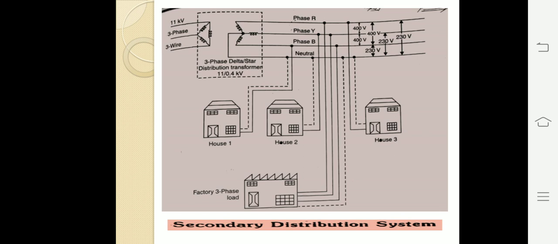That means we can supply that voltage for irrigation, and that is three phase supply. Coming to single phase supply, we can take one phase and one neutral, which has a voltage of 230 volts. We are using a delta star transformer, a 3-phase distribution transformer, to go from 11 kV to 400 volts. So we can use single phase supply and 3-phase supply also. This is the explanation of the secondary distribution system.